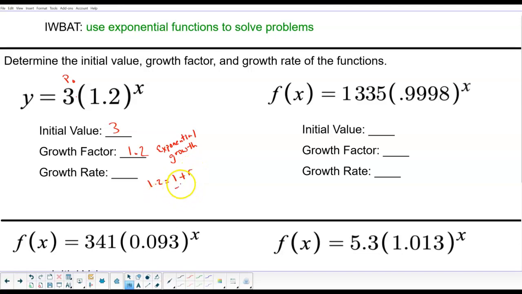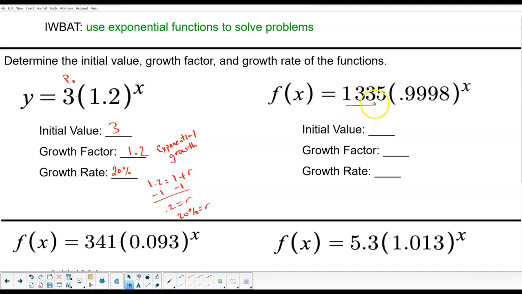So what if I just subtract 1 from both sides? I get 0.2. But we want to move this 2 spots to the right, because our growth rate is mostly written as a percent. So we have a growth rate of 20%, which means the quantity is growing by 20% for each time period that goes on. All right, let's look at this one quick.